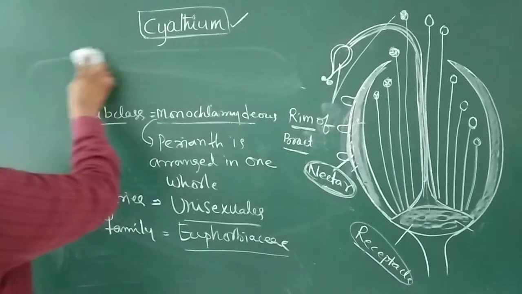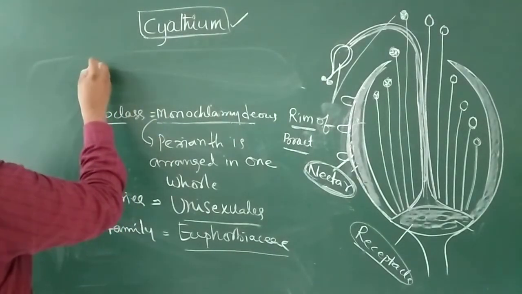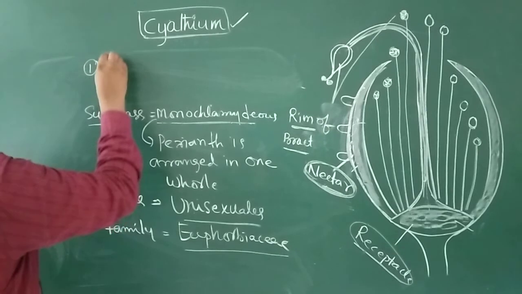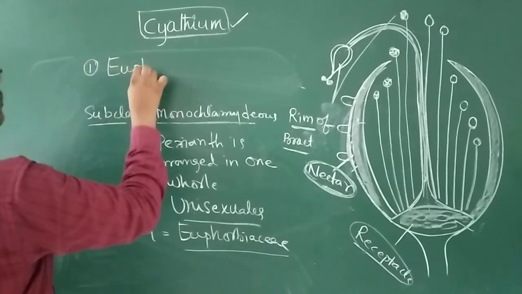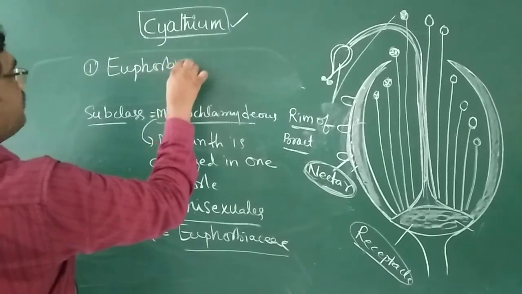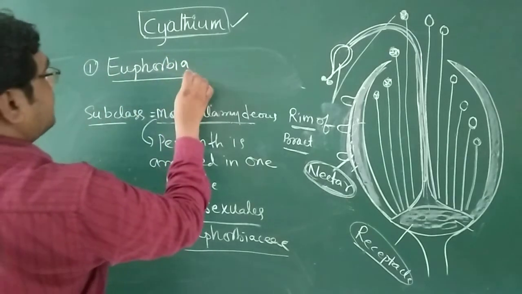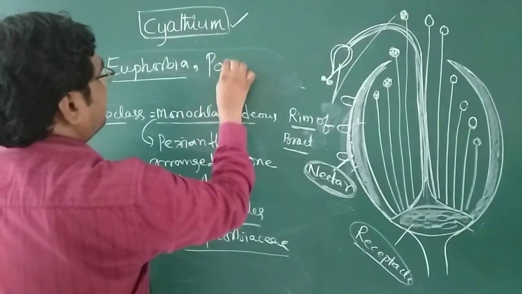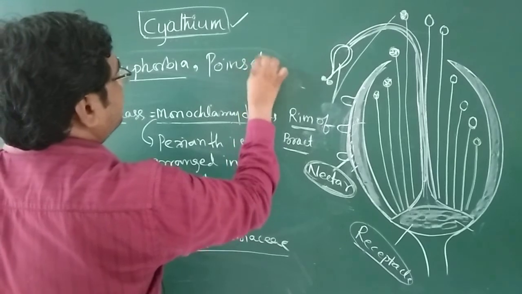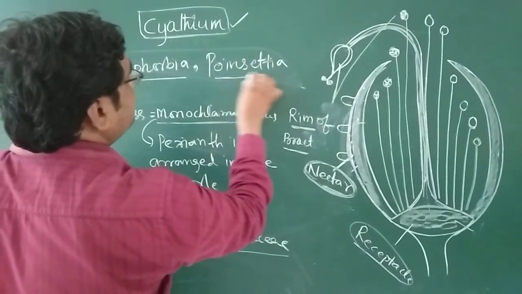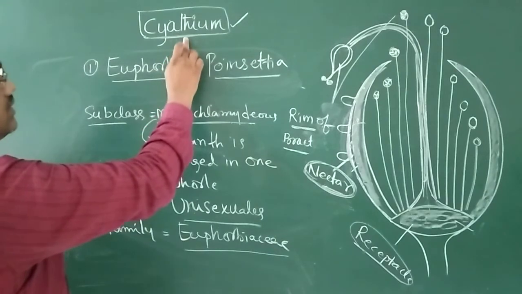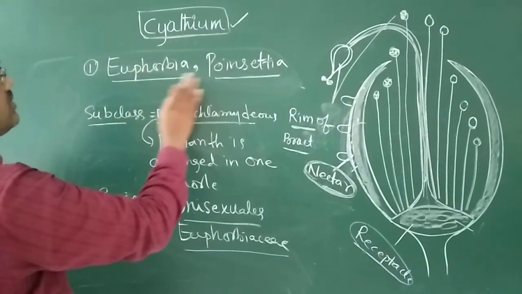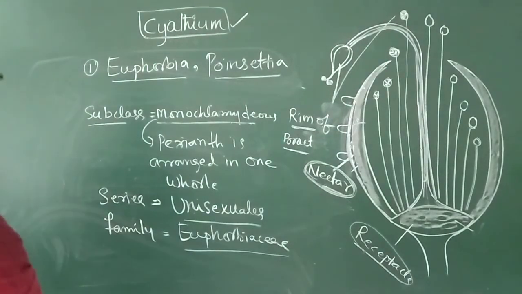What are the examples of Cyathium inflorescence? The first one is Euphorbia, and the second example for Cyathium is poinsettia. Poinsettia is also an example for the Cyathium inflorescence. This is the most important character of the Euphorbiaceae family.